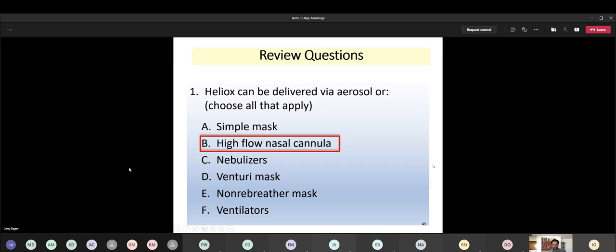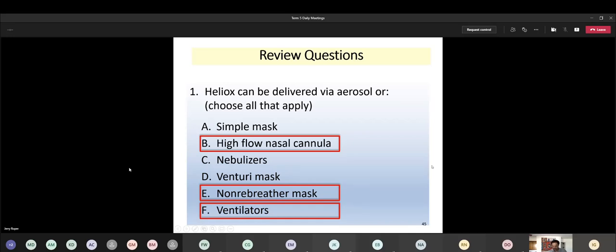So with your high flow nasal cannula systems, you can integrate Heliox now. And of course, you're not a rebreather. And then there's some ventilators that have a dedicated connection that you can use for your Heliox.